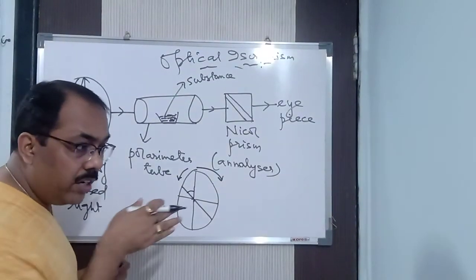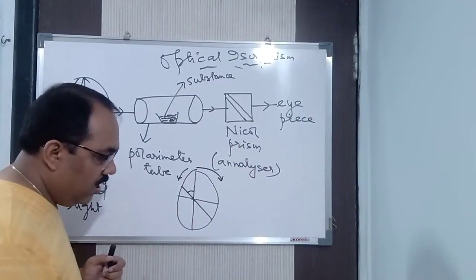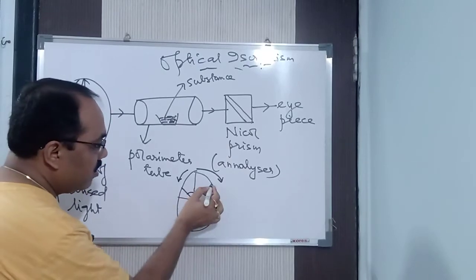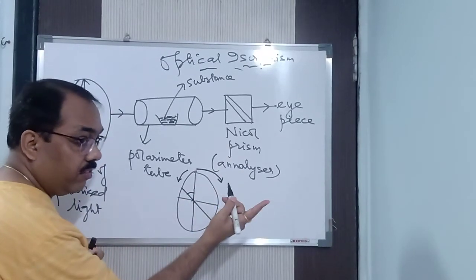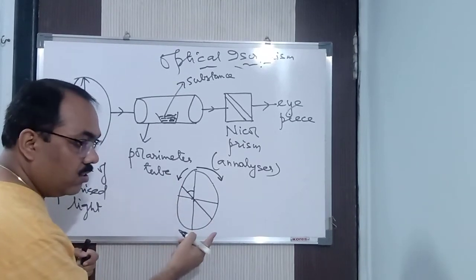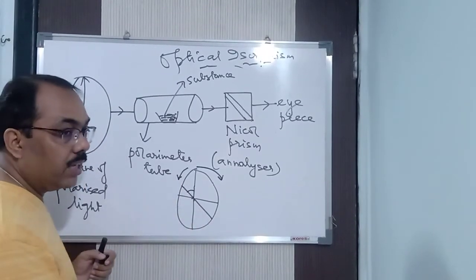Alright, you need to rotate the microscope, otherwise how will you see it? You will rotate the microscope slowly towards right. Then you will see this particular line if it is optically active. If you rotate towards left and see the line towards left, then the compound is optically active.